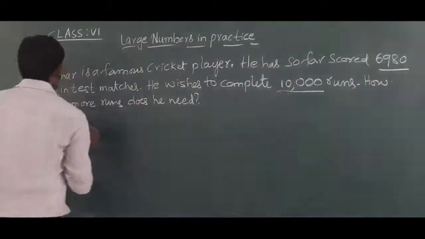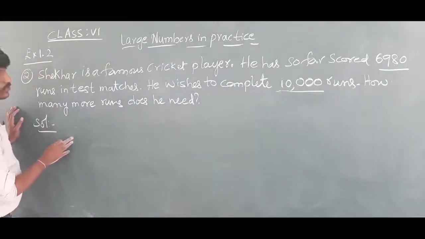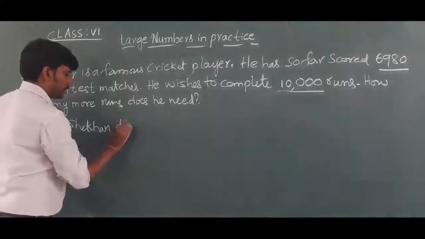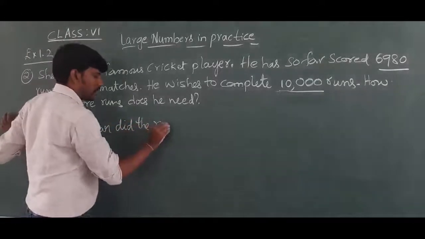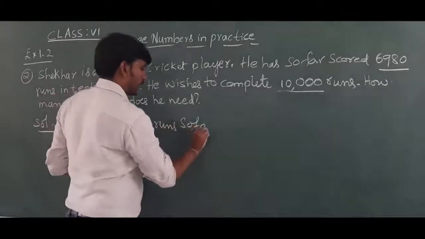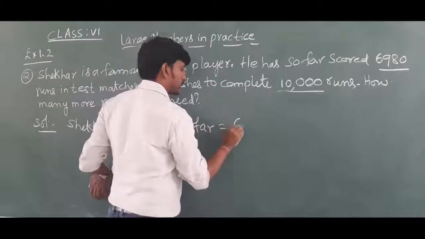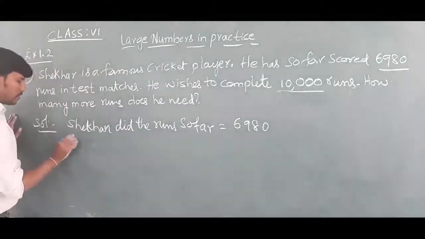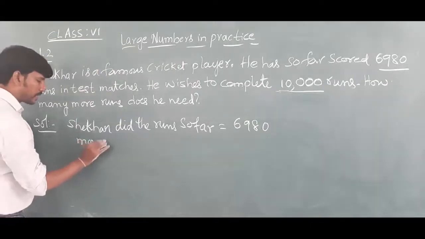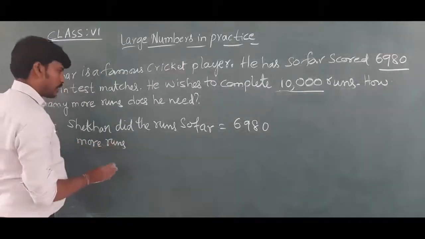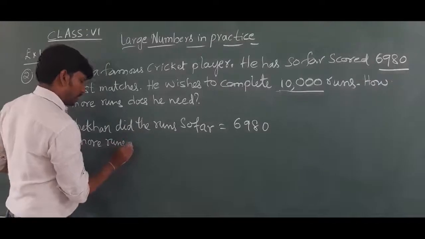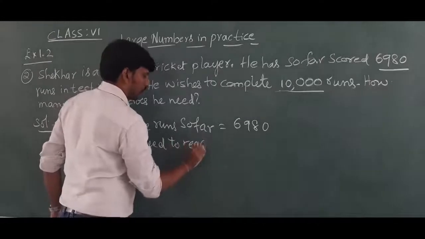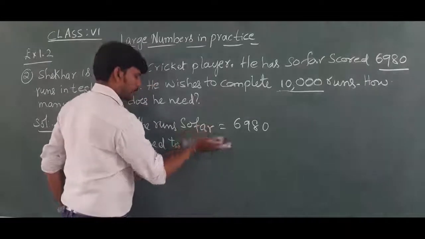So the runs Shaker did so far is equal to 6,980. The more runs he needs to reach or to complete, okay, write and complete.